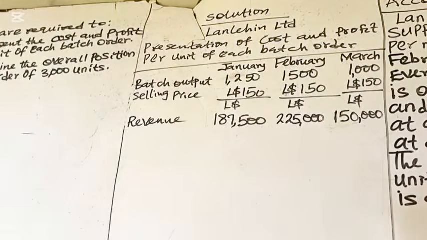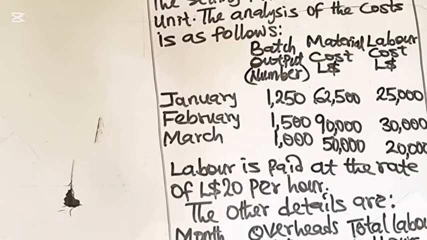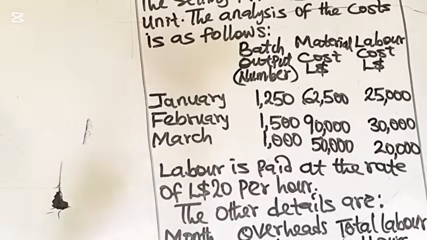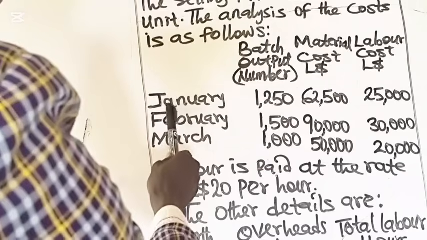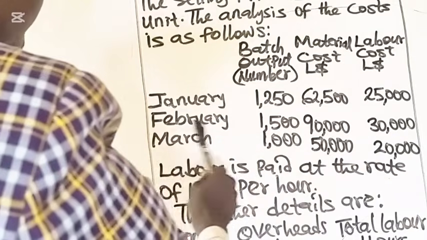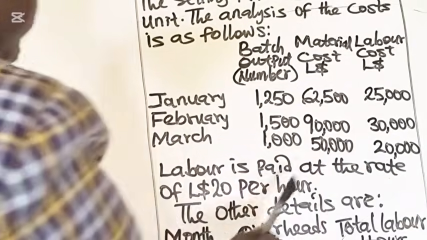From the revenue, you deduct the cost. Some of the costs are directly attributed to each of the products. They are direct. So the direct costs include materials and labor. In the month of January, material is 62,500, February 90,000, March 50,000.